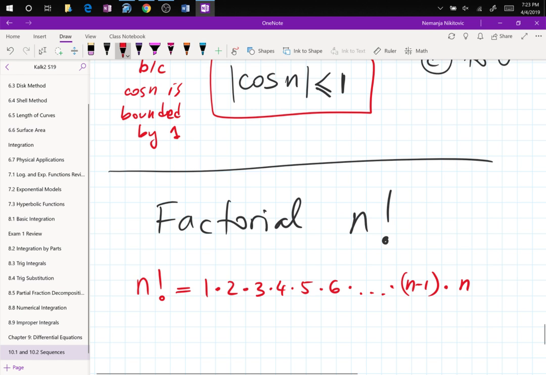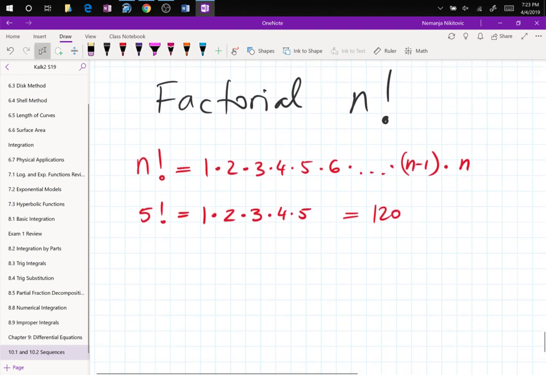You multiply all integers up to and including the number that you have in the factorial. So what is 5 factorial? 5 times 4 times 3 times 2 times 1, which would be 120. Good. That's what it is.